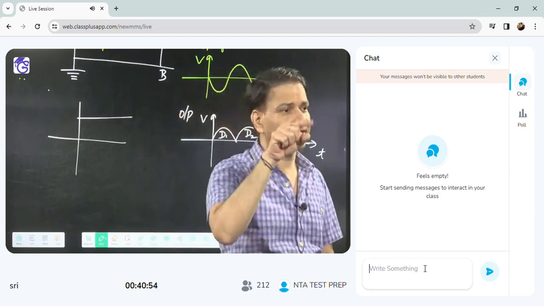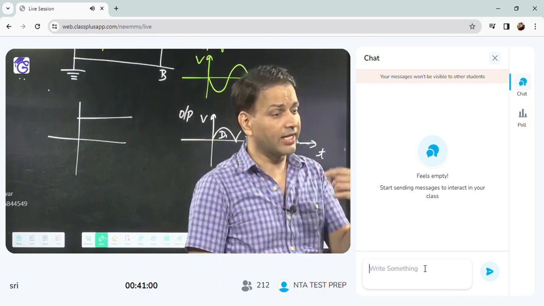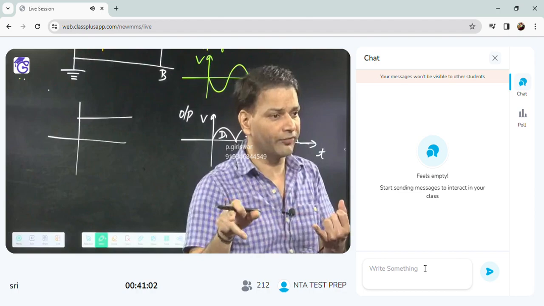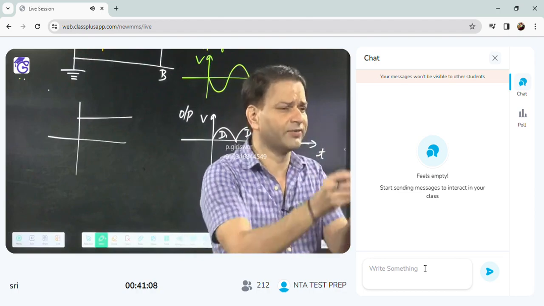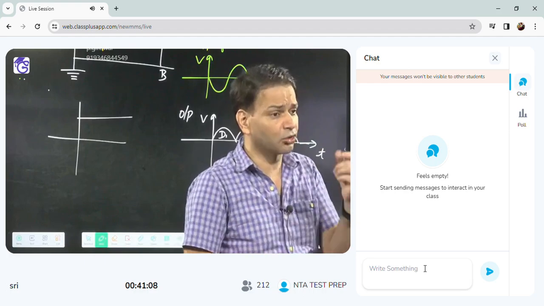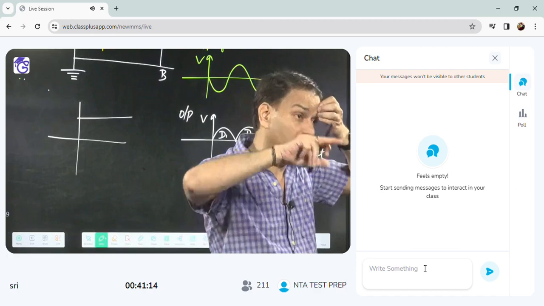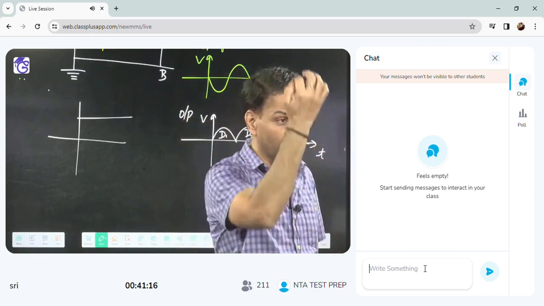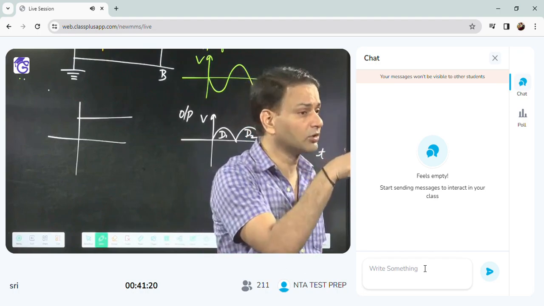Second, suppose we are connecting the inductor in series. So inductive reactance is what? 2 pi FL. Inductive reactance is 2 pi FL. So suppose I am using the constant DC, the DC frequency will be small in that case. So for DC frequency, the inductive reactance will be what? 0 for the DC. So it will allow the DC to flow through this, and it will offer large reactance for the AC.